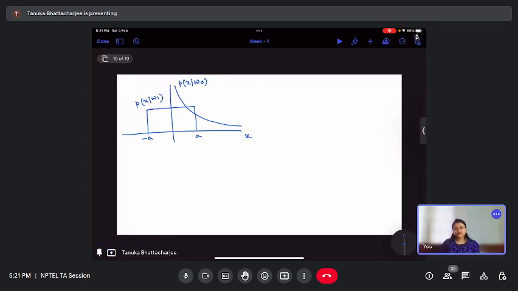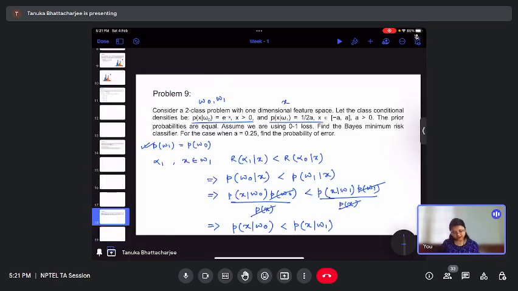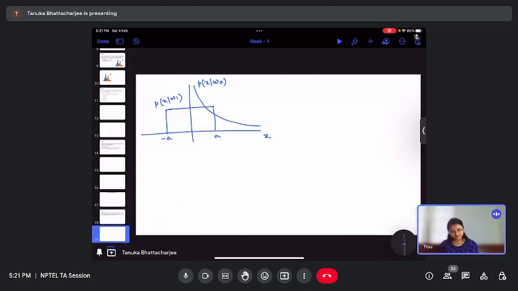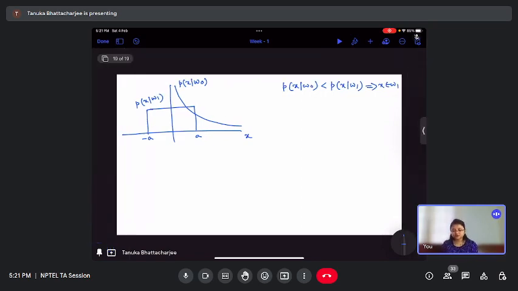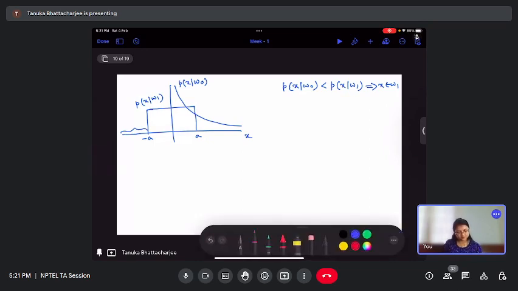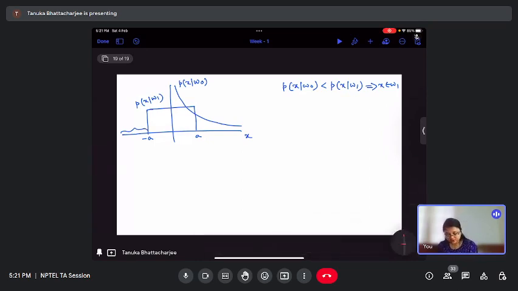Now, as I already derived, if probability of x given omega 0 is less than probability of x given omega 1, then you assign x to class omega 1. If you see this portion, both classes have 0 class conditional density here, so we do not need to consider it.